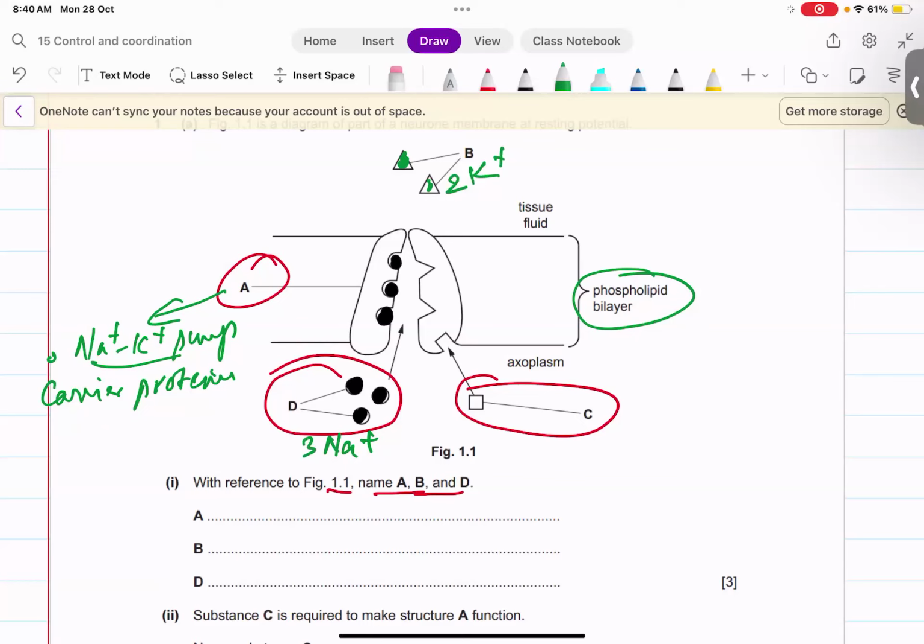So sodium moves out and potassium moves in, and this is by active transport where ATP is used. So this must be C, which binds here and brings about a change in the conformation or shape of this protein. This must be an ATP molecule which is used to bring about active transport. So this is how we can identify these different components.